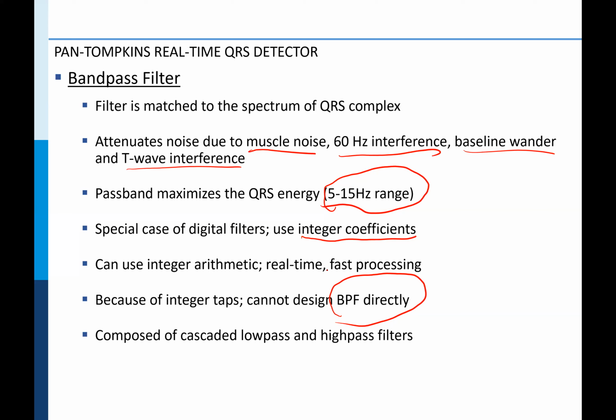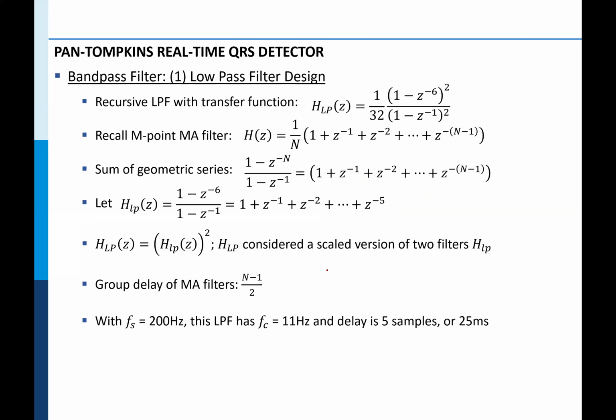By the way, all those filters that I'm talking about were designed by the original authors of this work, Dr. Pan and Tompkins. So in the bandpass filter design, we essentially start with a low-pass filter, and the transfer function is given here.